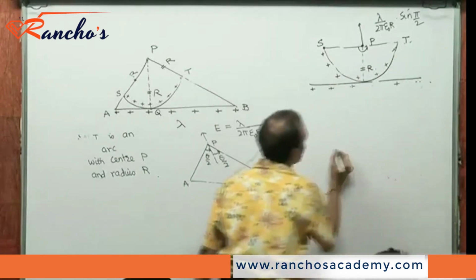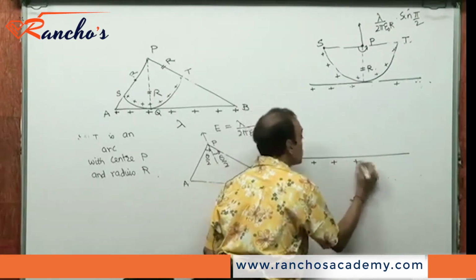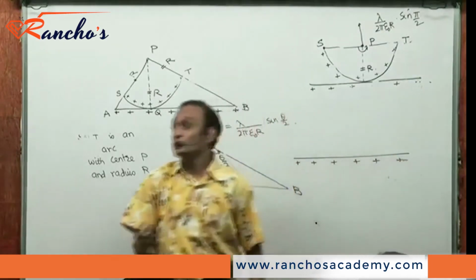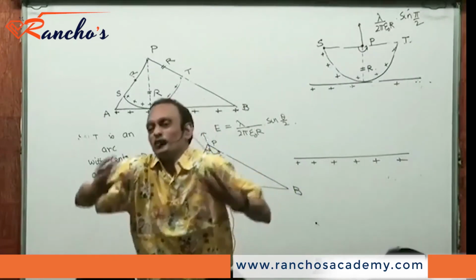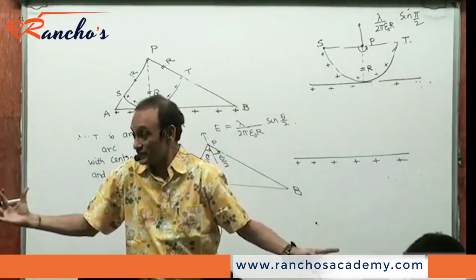You could have had, say, a line of charge like this. To reduce the line of charge to an arc will save you the trouble of extensive integration, if you understand this fact.